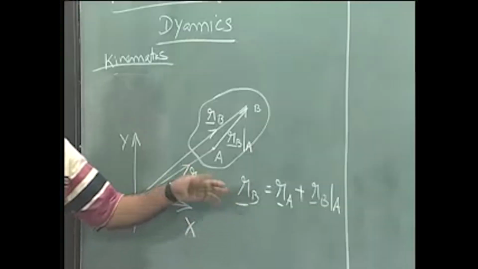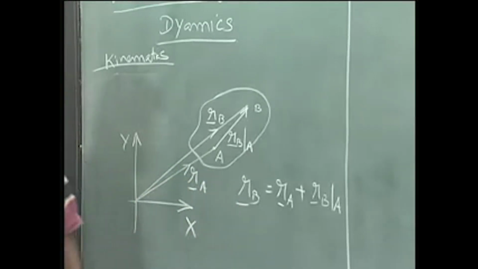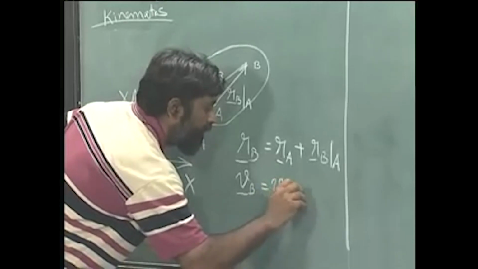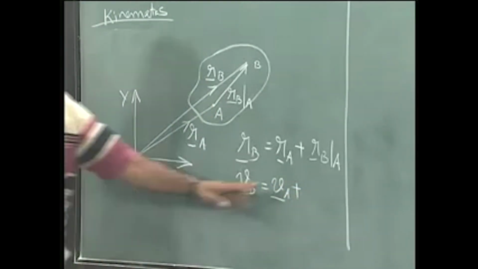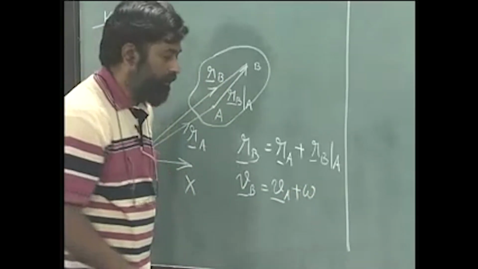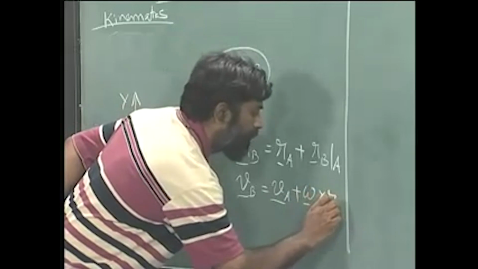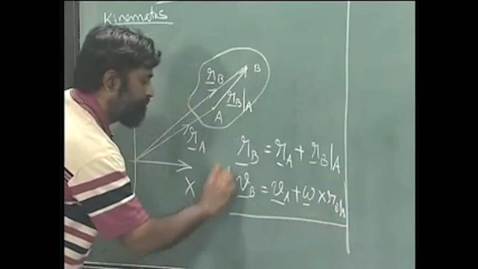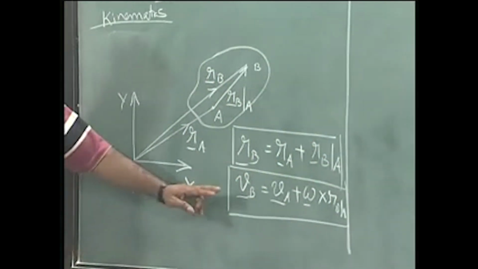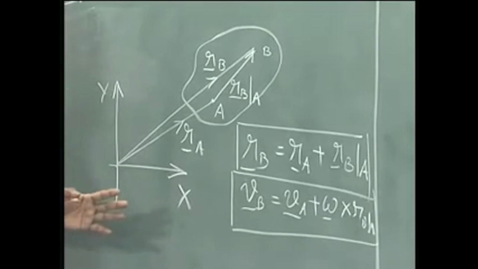When we take the derivative, we understood that the derivative concerns the magnitude and the direction, and therefore we found that the velocity of B can be determined using the velocity of A plus omega, which is the angular velocity at any instant that we are talking about, cross RB with respect to A. Remember, each one of these quantities is defined with respect to the fixed frame, very important.